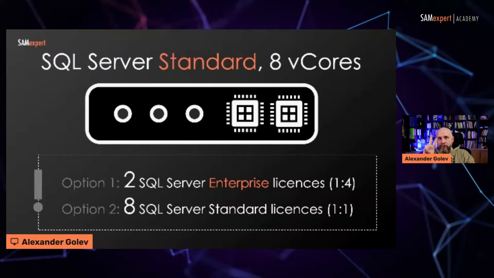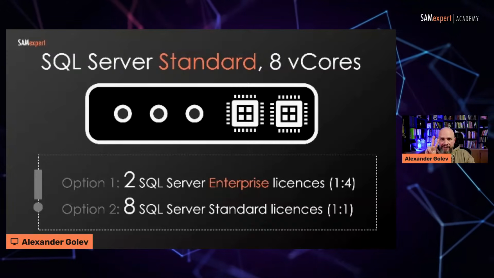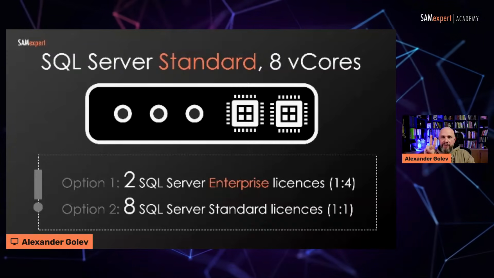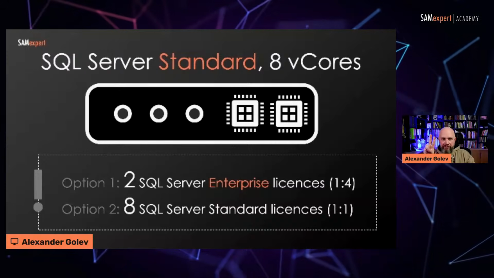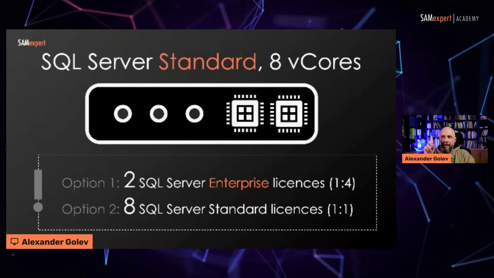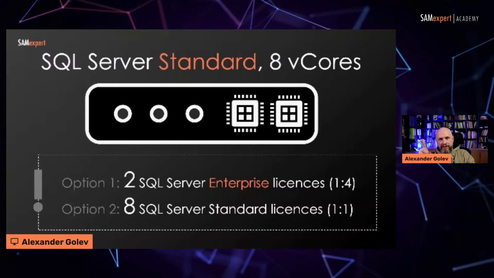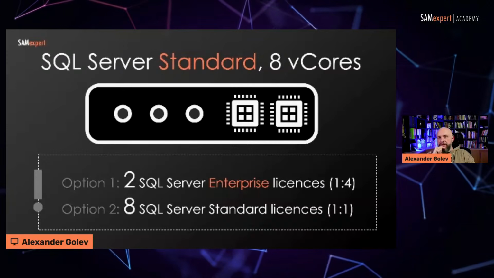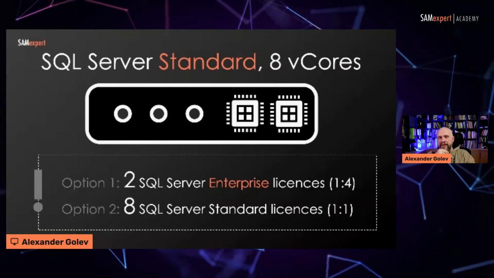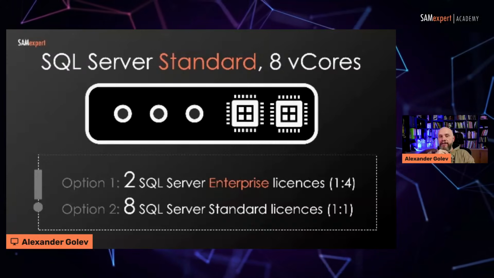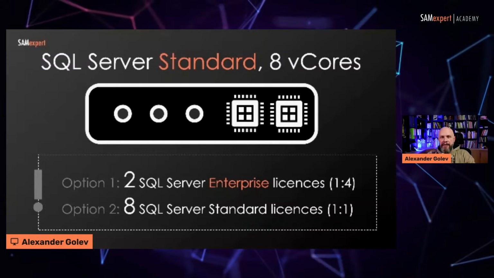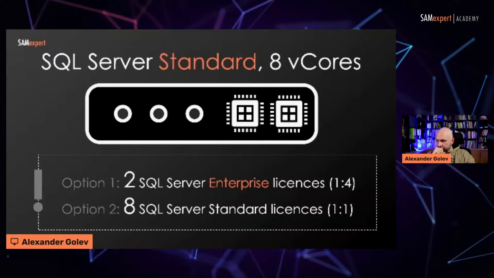But you may also assign 2 SQL Server Enterprise licenses, because how do you calculate them? You divide them by 4. And by the way, if you look at the price list, that is a cheaper option here. Using two SQL Server Enterprise licenses is usually cheaper in such circumstances.